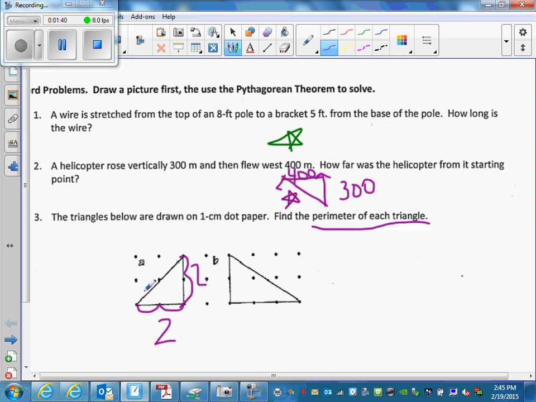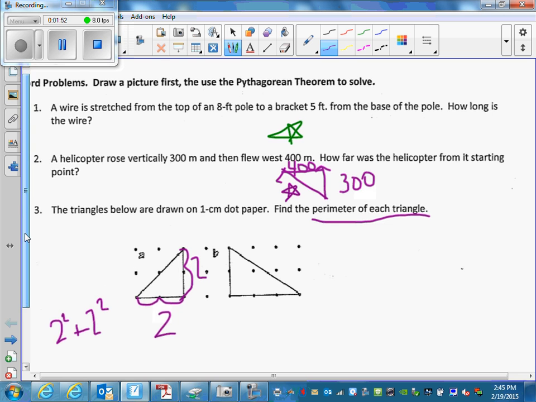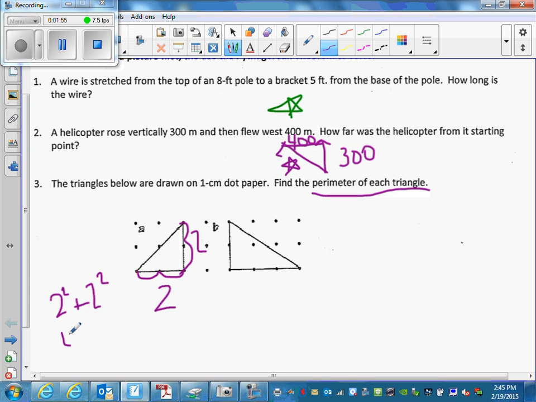So we'll use Pythagorean theorem to solve for that. So we would have 2 squared plus 2 squared. 2 times 2 is 4. So we would have 4 plus 4, which is 8. So this side is the square root of 8. The square root of 8 is 3.6.